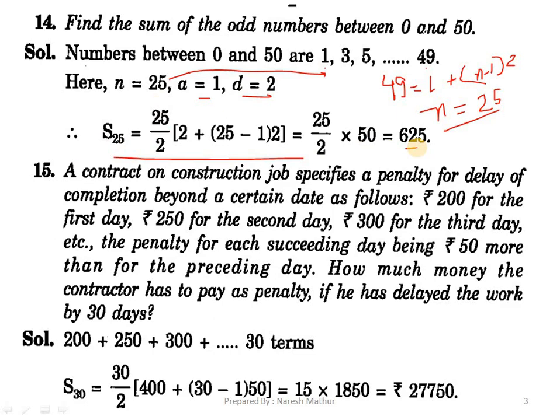Alright, see the next question. In this question, we are given a situation in which a contractor has to pay a penalty. The penalty for the first day is 200, 250 for the second day and so on, and he delayed for 30 days. Now we need to calculate how much money the contractor has to pay as penalty.